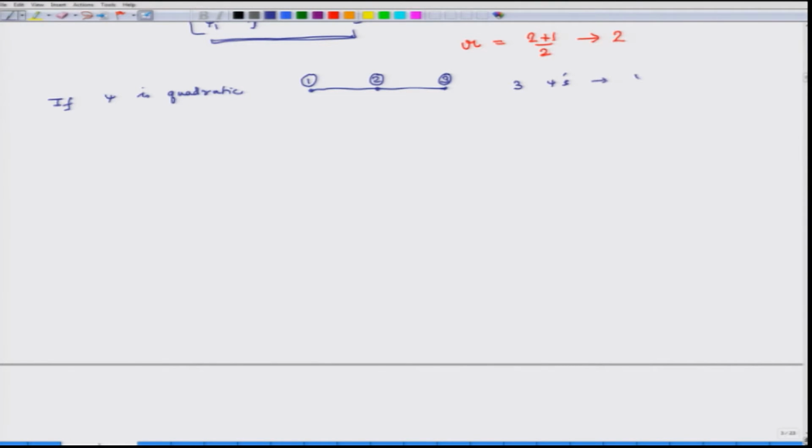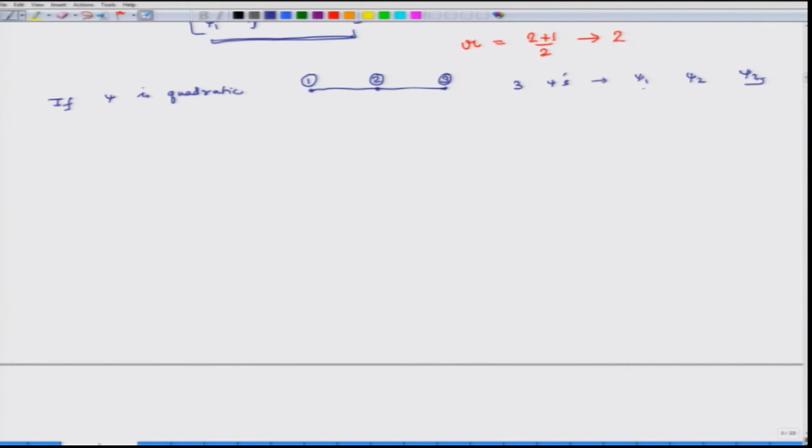The value of psi 1 is going to be 1 at the first node, and it will be 0 at nodes 2 and 3. Value of psi 2 will be 0 at 1 and 3 and 1 at node 2, and value of psi 3 will be 1 at node 3 and 0 at 1 and 2.